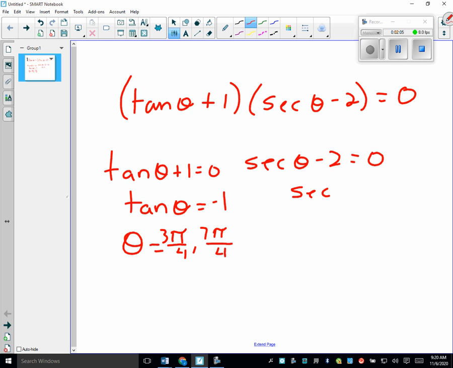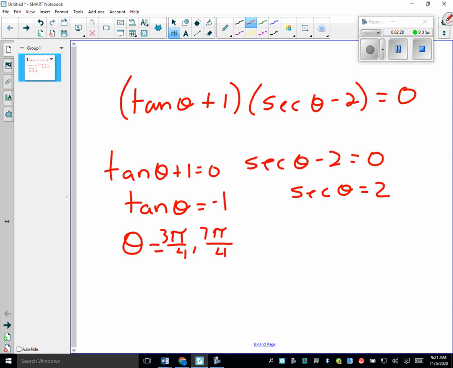And we say secant of theta is 2. When is secant positive? 1 and 4, because secant goes with cosine, right? And you probably don't know this one, so I probably should draw a triangle.